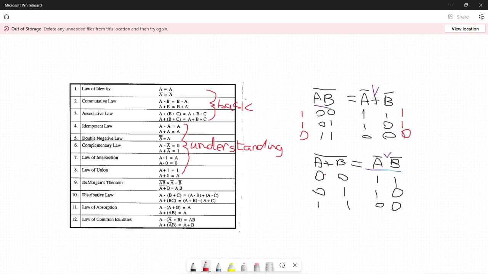Okay, well, we know that 0 plus 0 gives us 0, so invert that. We know that that'll give us 1, so invert that, gives us 0. 1 plus 1 gives us 1, invert that gives us 0. And then 1 times 1 is 1, anything times 0 is 0, anything times 0 is 0.